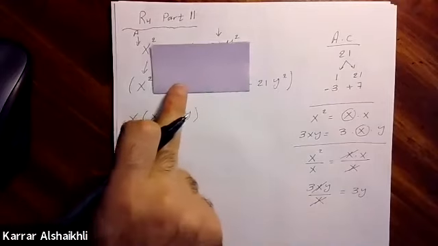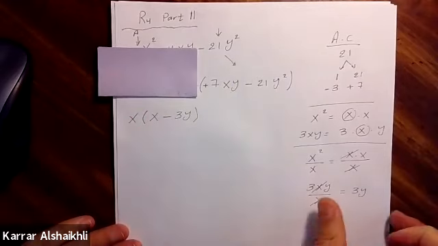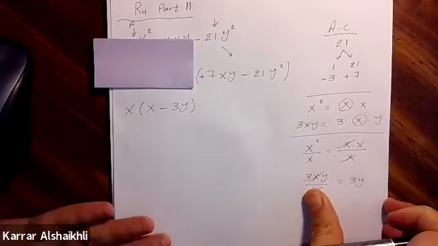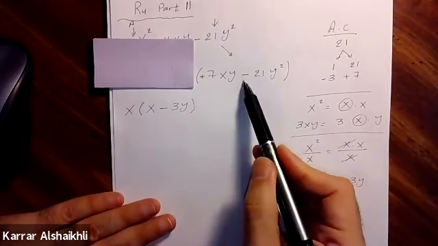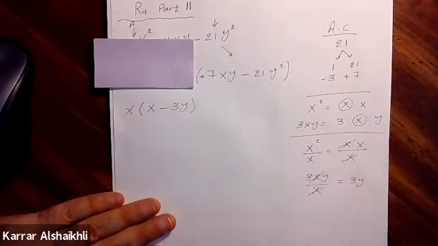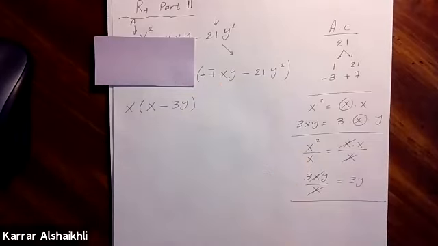Now we're going to hide this part and find the common in the second parentheses. What's the common between 7xy minus 21y squared? Y. Perfect, y, but check the numbers. Do you have a common between 7 and 21? 3 or 7?